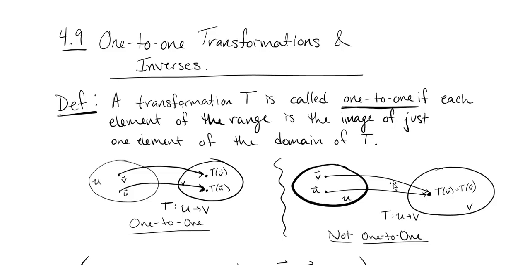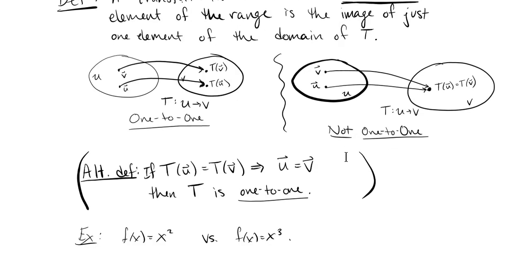Well, if there were two different ones that map to that guy, I can't invert this. If I tell you this is the place in the range that I want to find the inverse of, I can't tell you which domain element mapped to it. It could be both, and that wouldn't be a well-defined transformation. It would have multiple values.